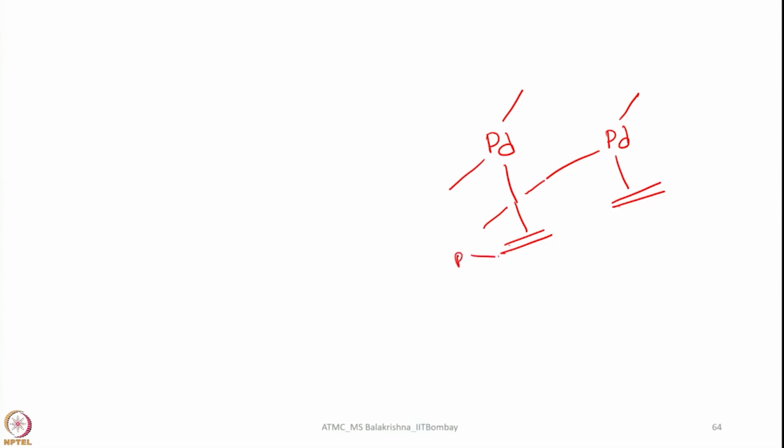How this is binding, I will show you here. It is Pd2(dba)3, and you may be wondering what the geometry is. Something like this. These double bonds will be binding, and of course, here you have phenyl groups.